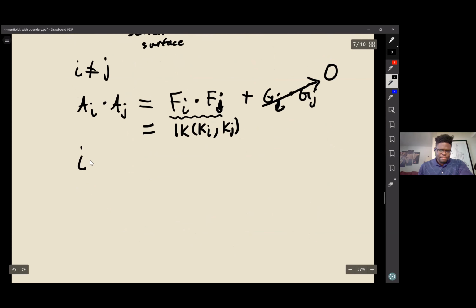So now we need to understand what happens when we try to find the self-pairing of one of these surfaces with itself.